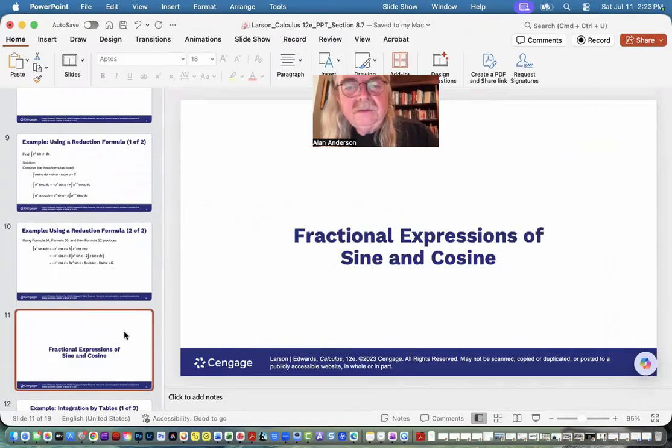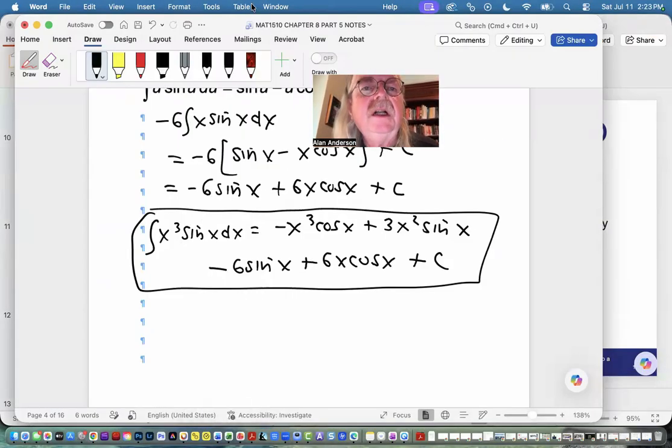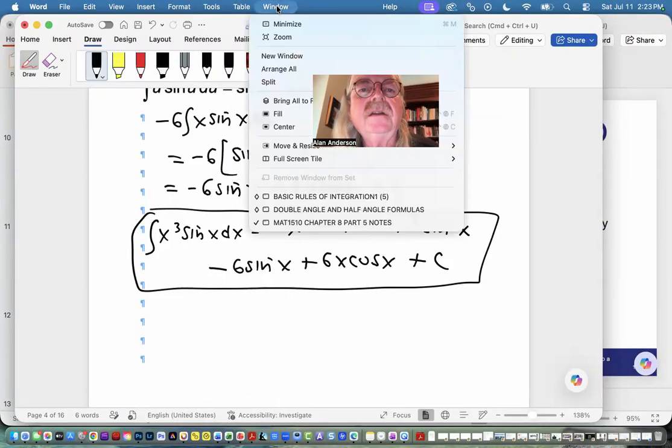Now, fractional expressions, these are the ones that are going to involve those identities, the half angle formulas, the double angle formulas. So, like with this one, as soon as you see that sine 2x, you're going to be suspicious about whether or not we need one of these.